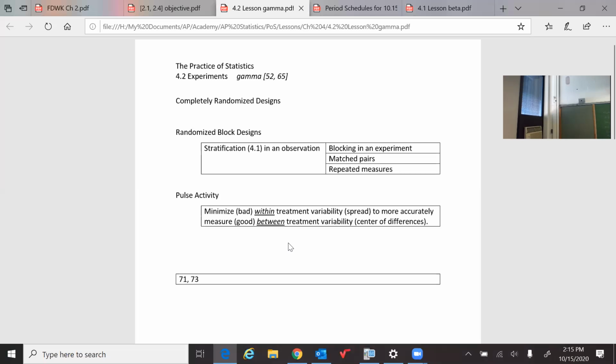What we're trying to measure is how much effect does standing up have on your pulse rate. But in order to do that, you have to minimize this. This is within treatment. Look at these pre-scores. They went from a low of 62 to a high of 84. Well, that's a pretty big range there.